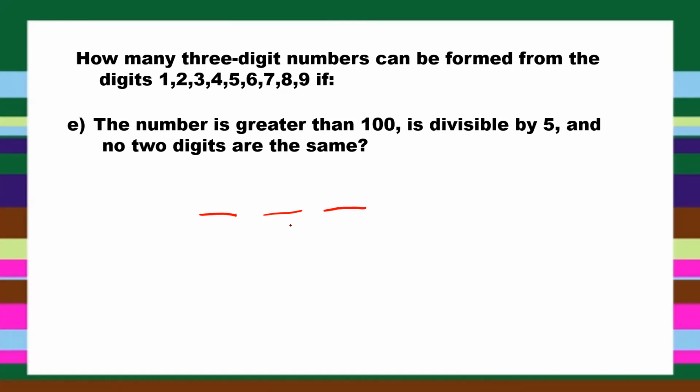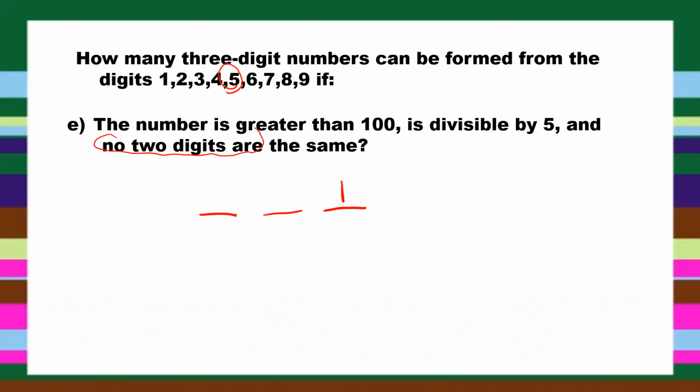But the question here, we don't have 0 in the given. So automatically, the last digit should be 5. How many 5s do we have? Of course, only one. Then we cannot use 5 in the other numbers because no two digits should be the same.